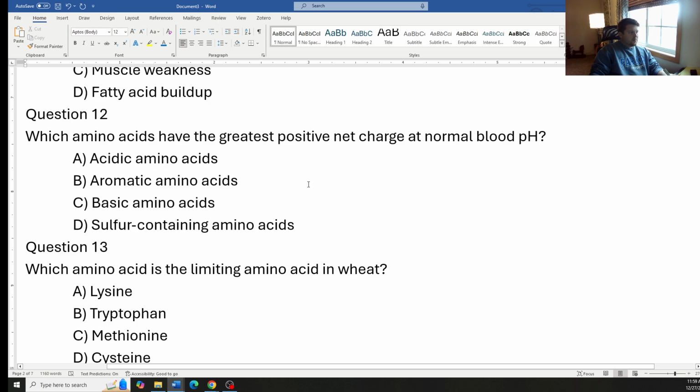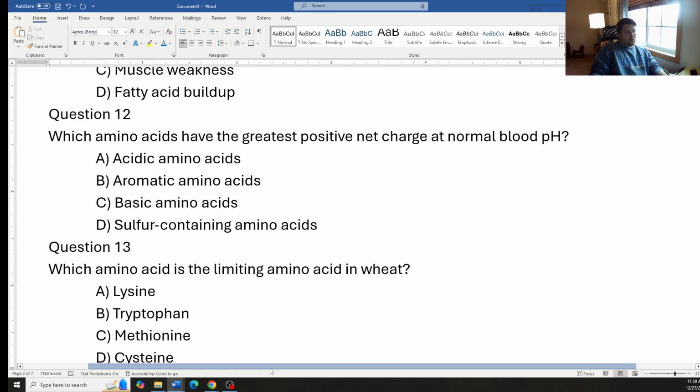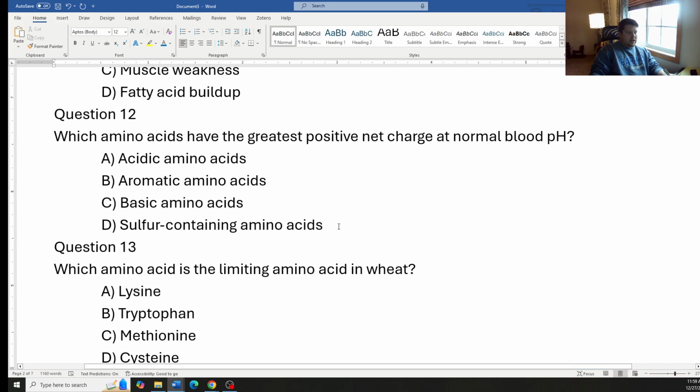Question 12. Which amino acids have the greatest positive net charge at normal blood pH? Acidic amino acids, aromatic amino acids, basic amino acids, or sulfur containing amino acids.